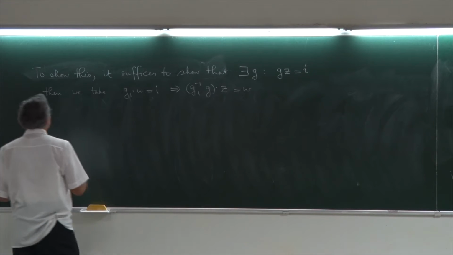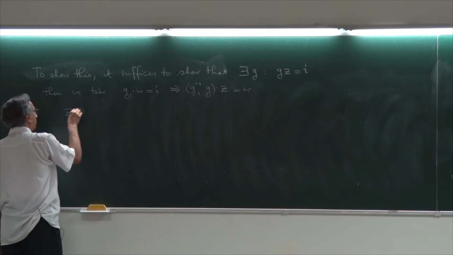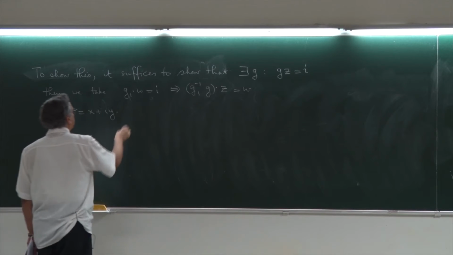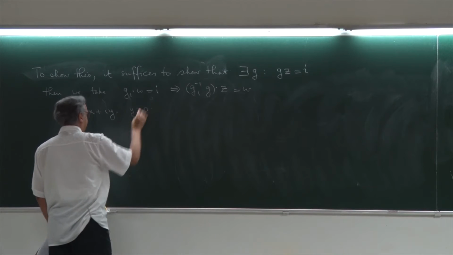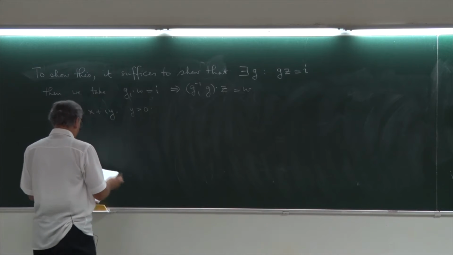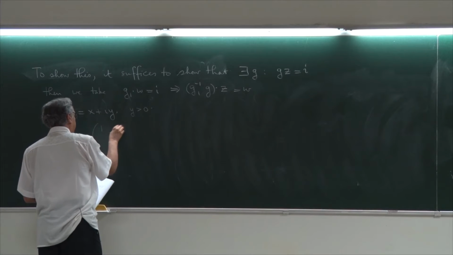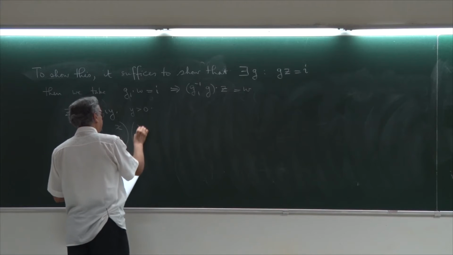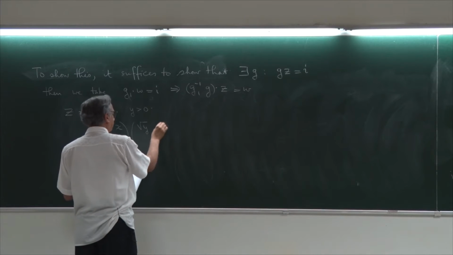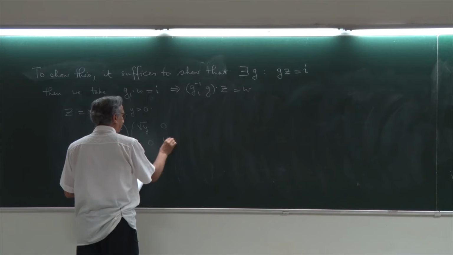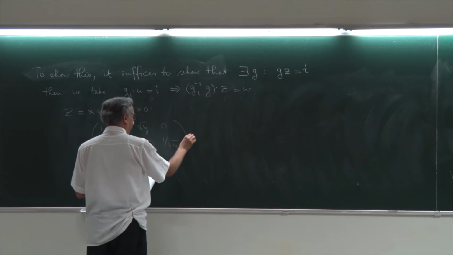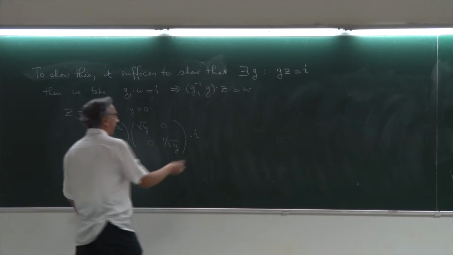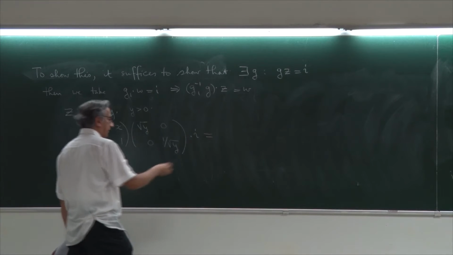And for that, this is pretty easy. So if Z is equal to X plus IY, Y positive, we look at the matrix and let this act on I, and a simple calculation shows that this is X plus IY.